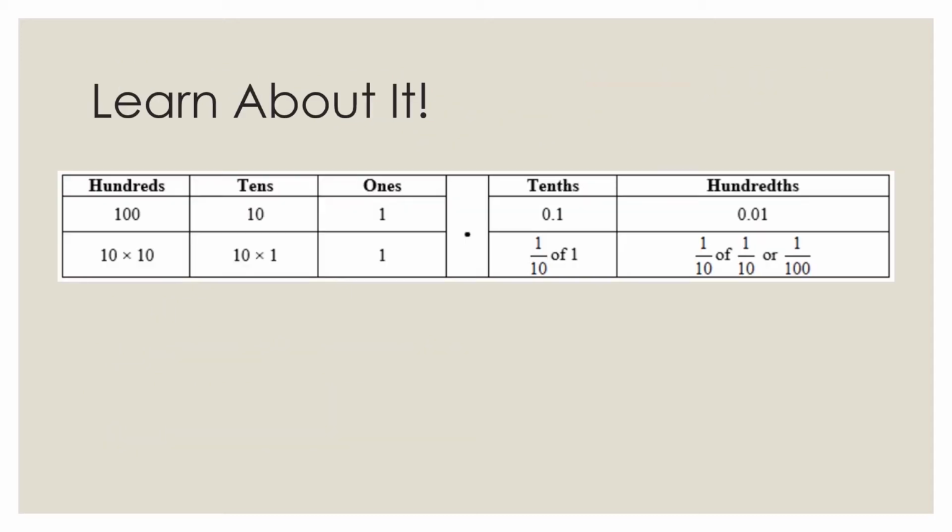So it's important to think about the structure of our number system and how we organize our numbers. We do a base 10 model where we are familiar with our ones, our tens, and our hundreds place. The decimal point is a symbol used to separate whole numbers from decimal values in a number. To the right of the decimal place, we have our tenths place, and then to the right of that, we have our hundredths place.